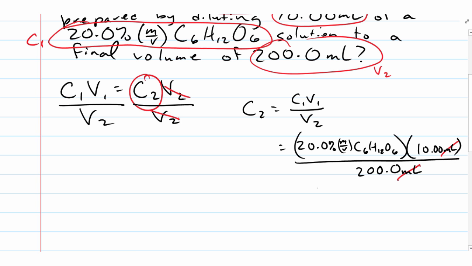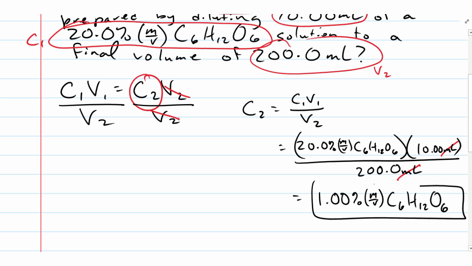How many significant figures should that answer have? 3. And then we carry down the units, which would be percent mass volume C6H12O6. And that there would be the answer.